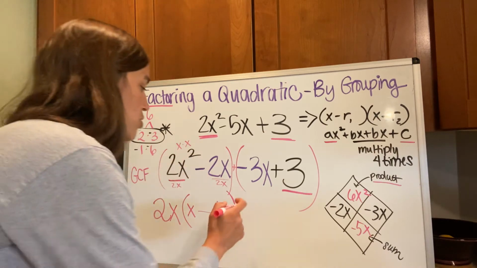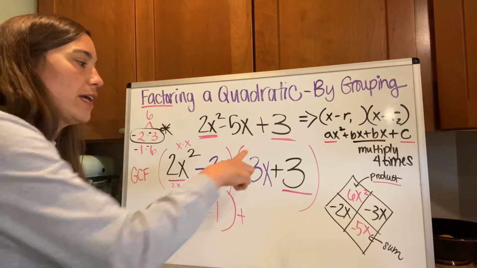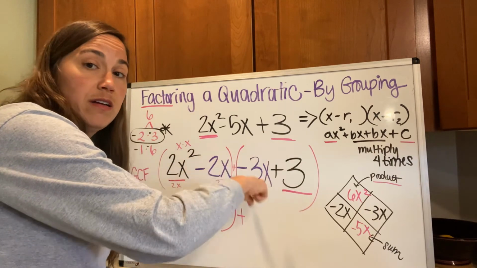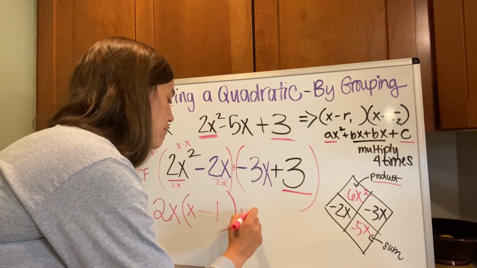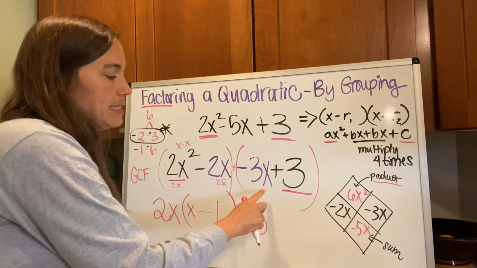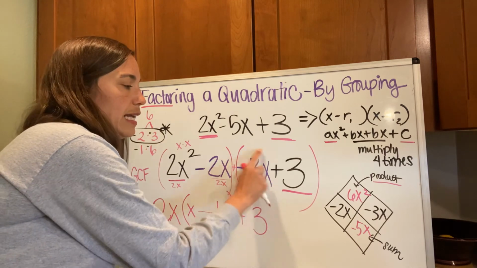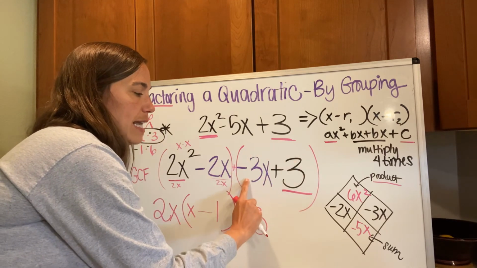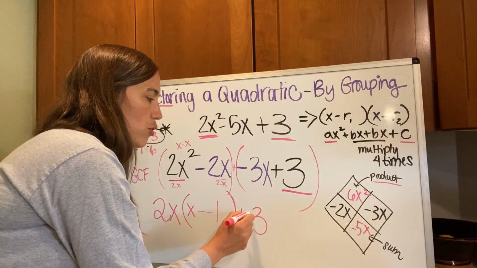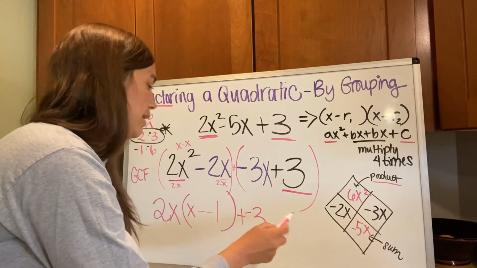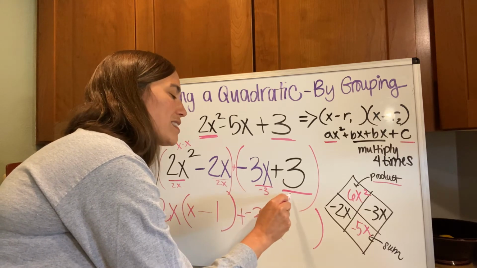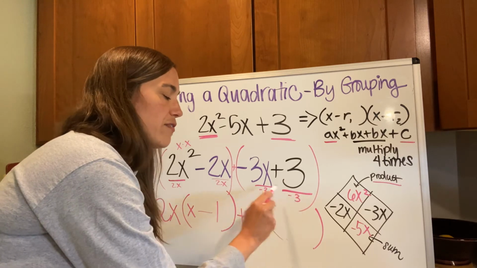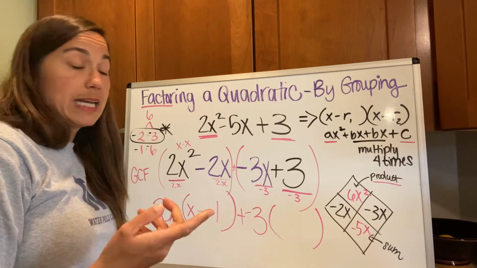So I'm going to put my plus here, and let's try our greatest common factor for this parenthesis. I see 3 and 3, so I'm going to pull that out immediately. In this particular one, see this negative 3 right here, I'm going to pull out a negative 3, and then see what's left over after I divide both of these terms by negative 3.